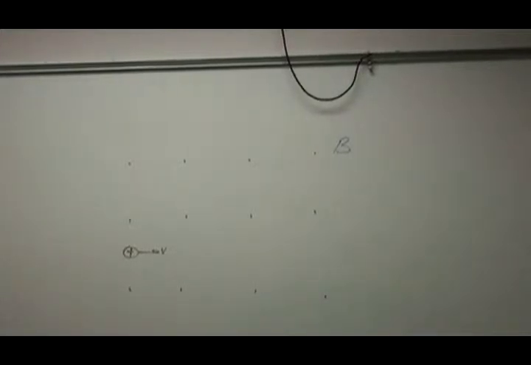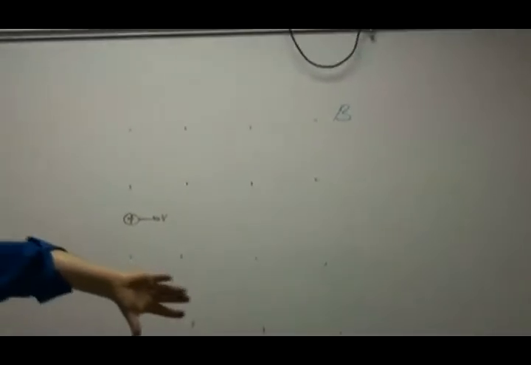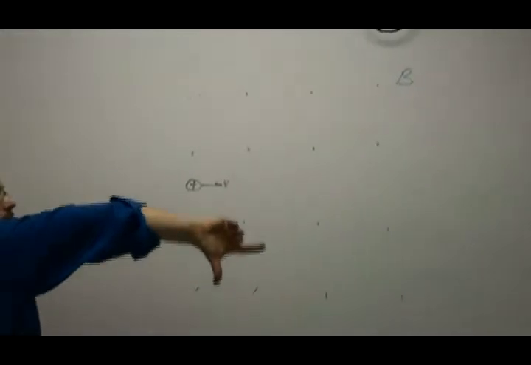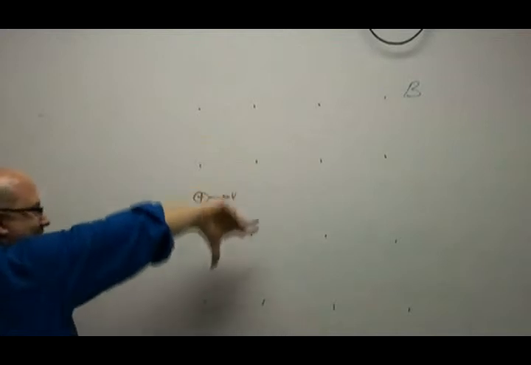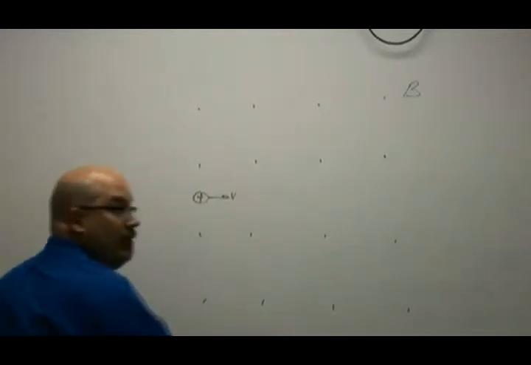Down. Velocity that way, B field is this way. You almost got it. And then your thumb points. There you go. So the force is down.